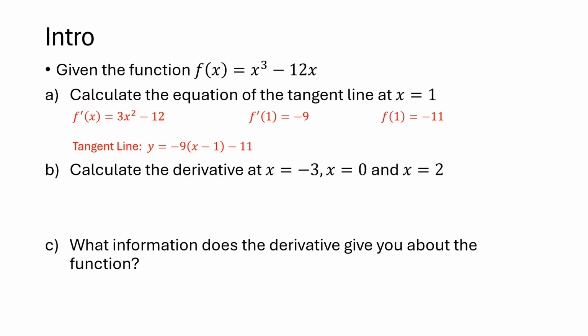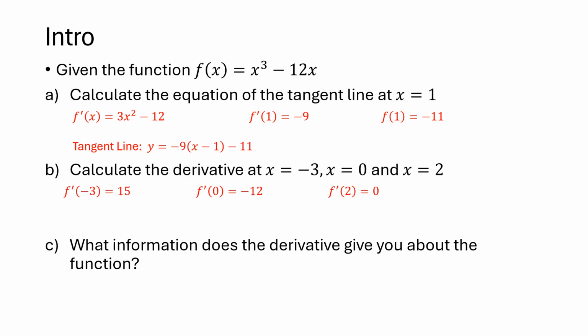Now, we can also calculate the derivatives at negative 3, 0, and 2. And again, that is found just by plugging the x values into the derivative. Doing so gives f prime of negative 3 is 15, f prime of 0 is negative 12, and f prime of 2 is equal to 0.